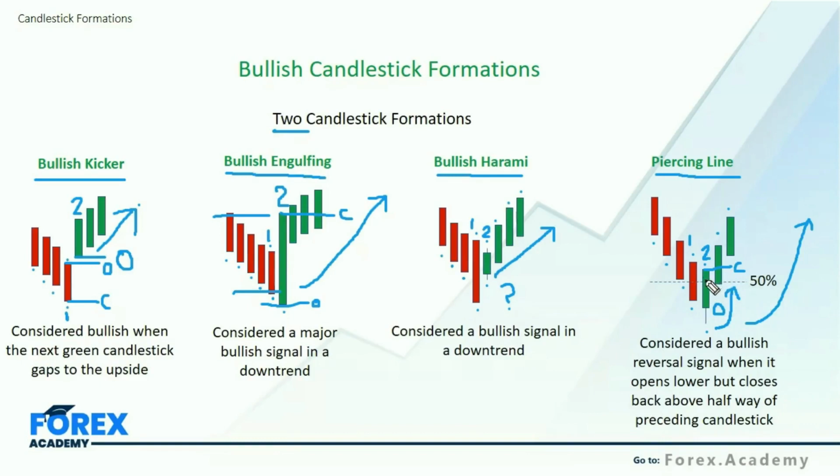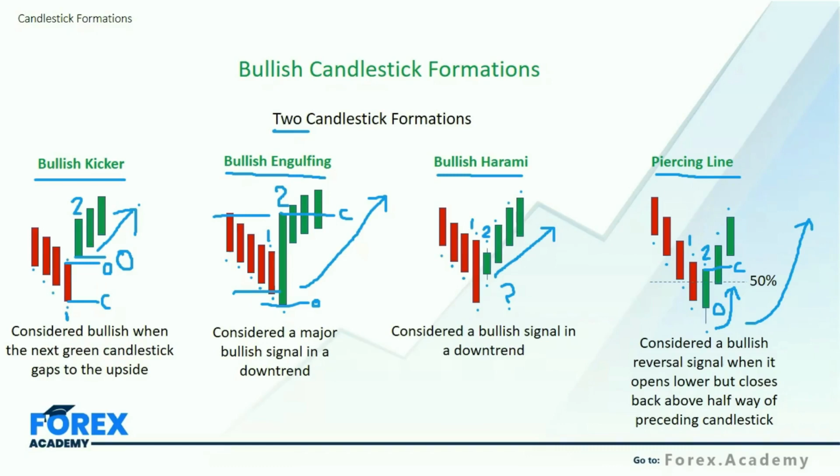It's roughly 50%. You don't have to be too precise with that, but you've got to be open to the fact that it's a clearly defined reversal signal, and we're very likely to get some bullish price action off the back of a piercing line. So those really are your two candlestick formations to the upside, where you're likely to get some bullish price action off the back of them.